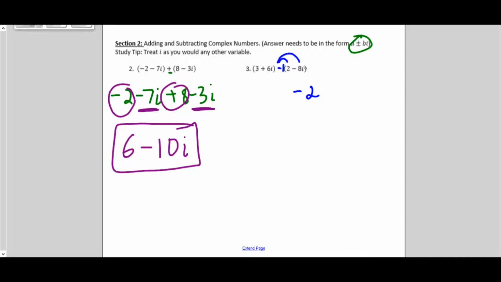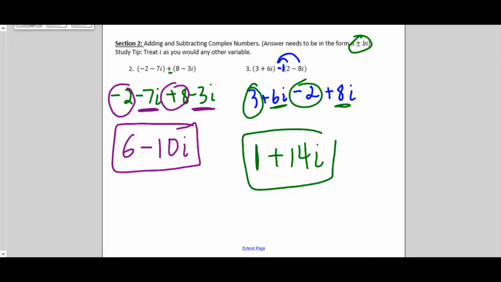And negative 1 times negative 8i is positive 8i. And then I'm just going to copy down what was in the first set. So I'm going to copy down 3 plus 6i. So then combine like terms. So 3 minus 2 is 1. Then 6i plus 8i is 14i. So there's my answer for that one.